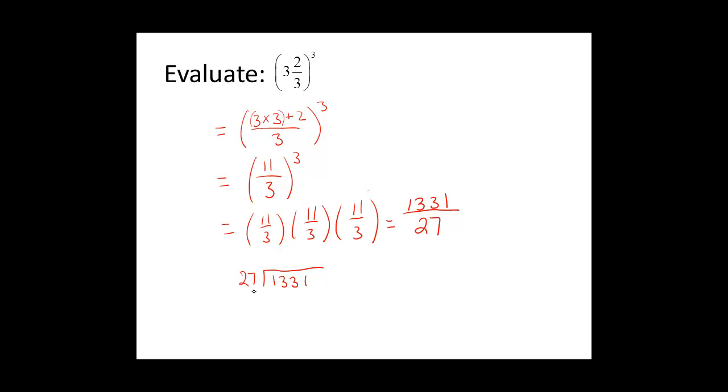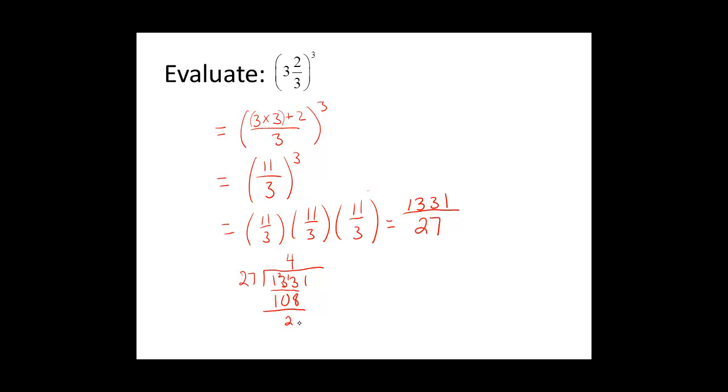We ask ourselves, what times 27 is close to 133 without going over? And we get 4. 4 times 27 is equal to 108.